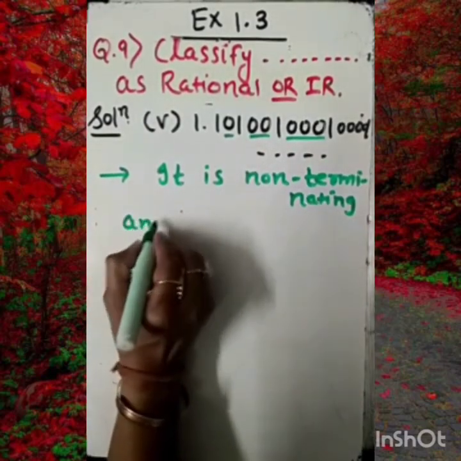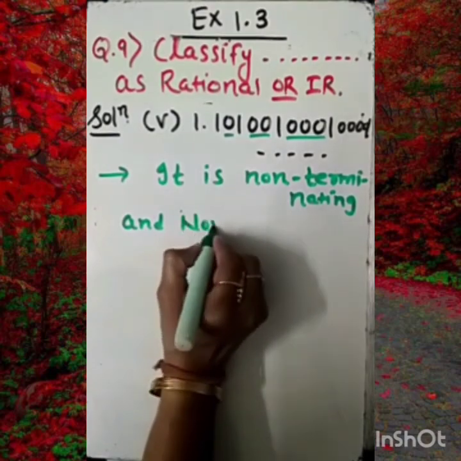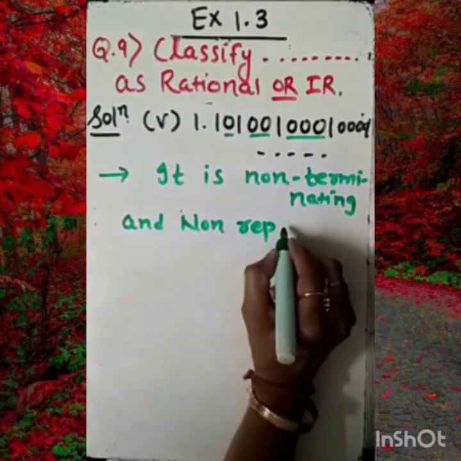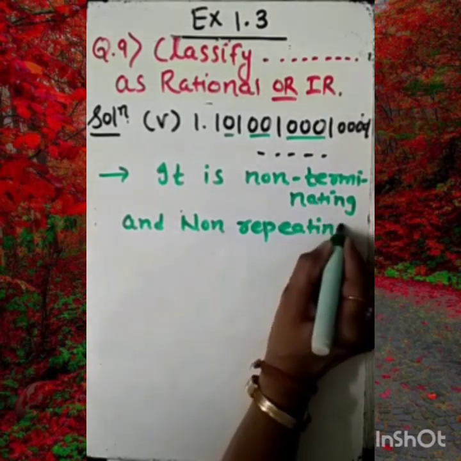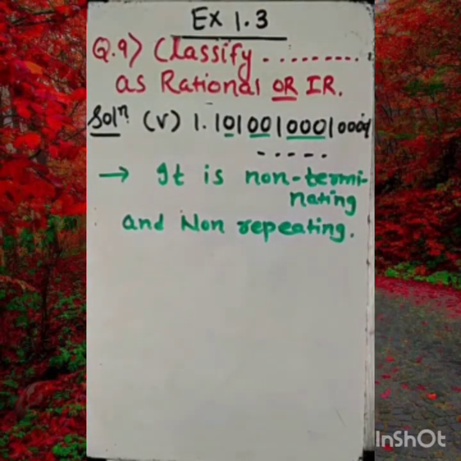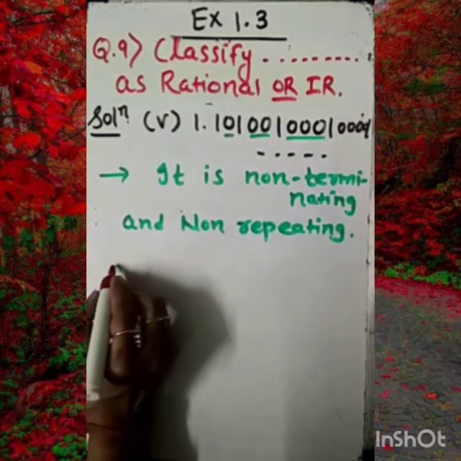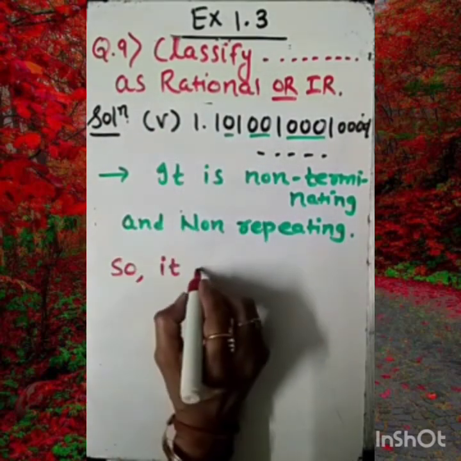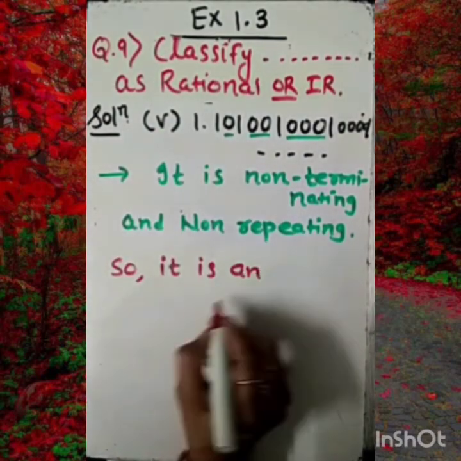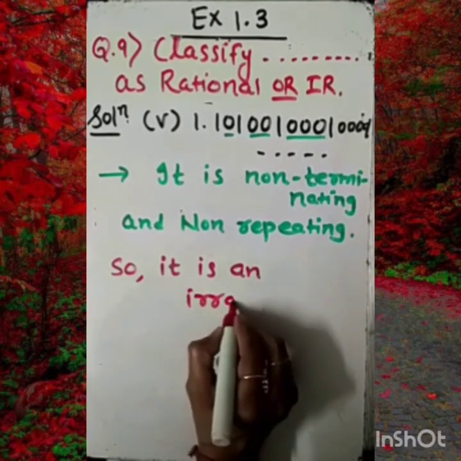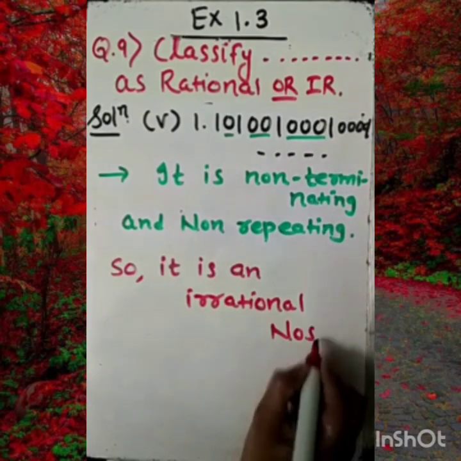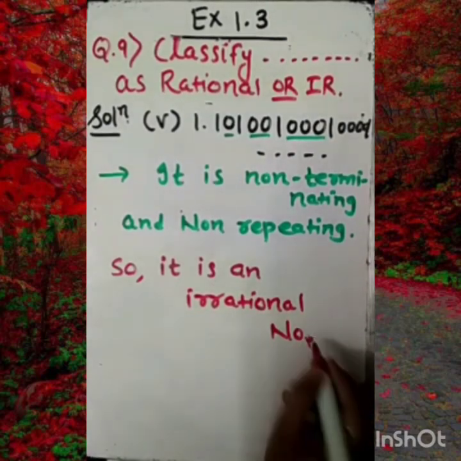So it is non-terminating and non-repeating. It means that finally we can say it is an irrational number. So the fifth is an irrational number. This is the complete solution of question number 9.